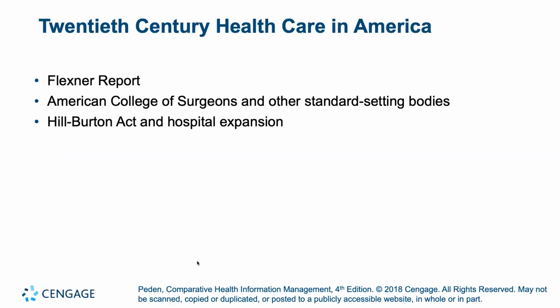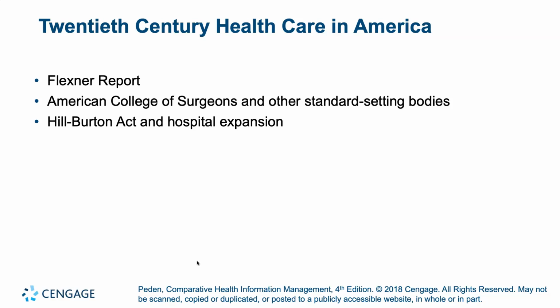20th century healthcare in America. If you take a look at your book, it will talk to you about the Flexner Report, the American College of Surgeons, or ACOS, and other standard-setting bodies, as well as the Hill-Burton Act and hospital expansion. Now, that was in the 20th century, the 1900s to be exact. We are now in the 2000s, the new millennium. So it's important that we understand where we have been historically, but also know where we are going now.